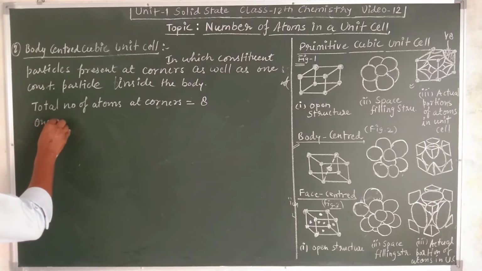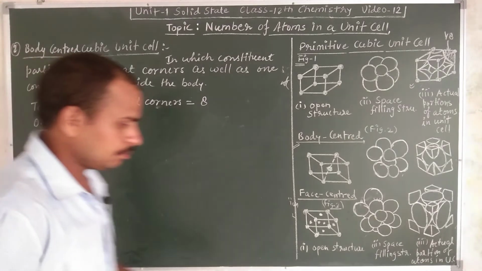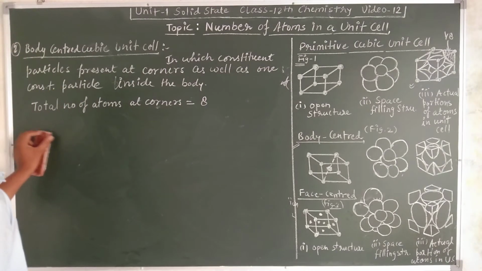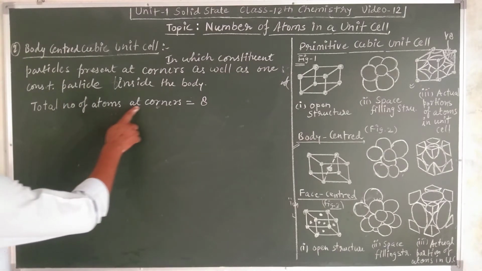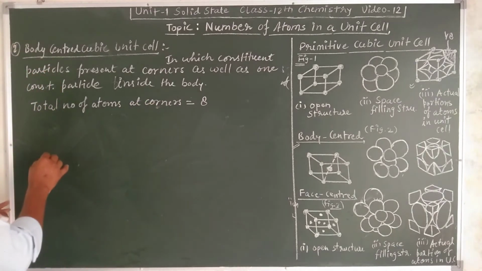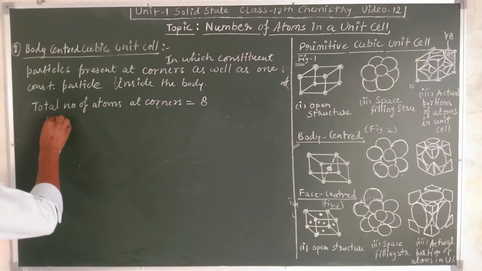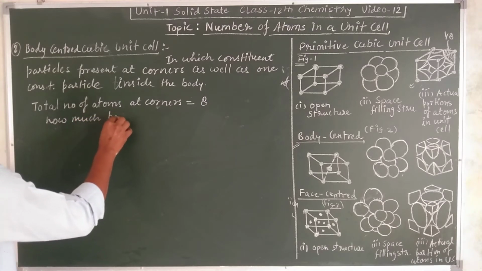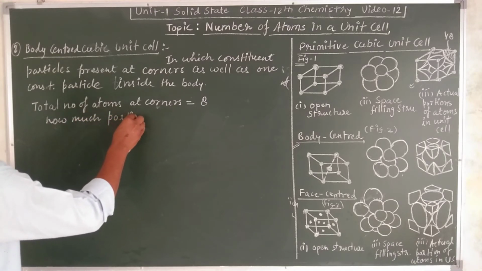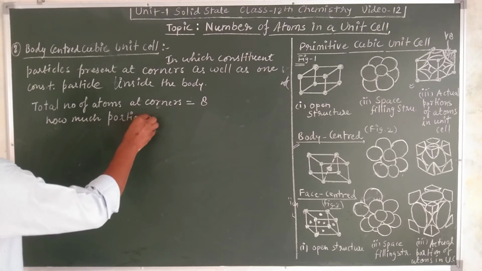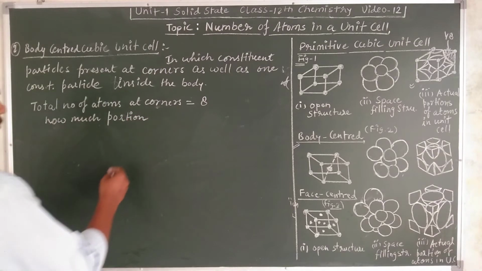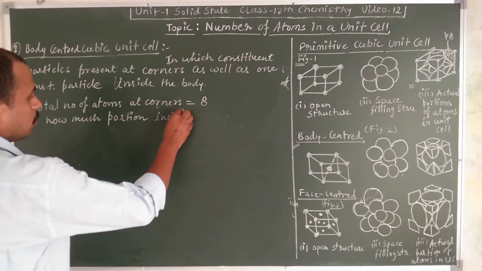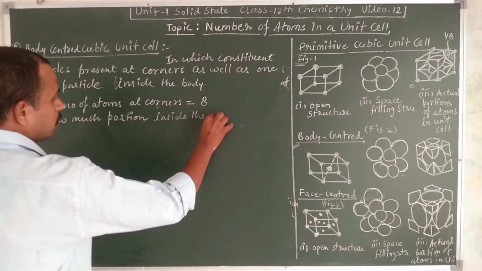Total number of atoms at corners, how much portion is inside the unit cell?